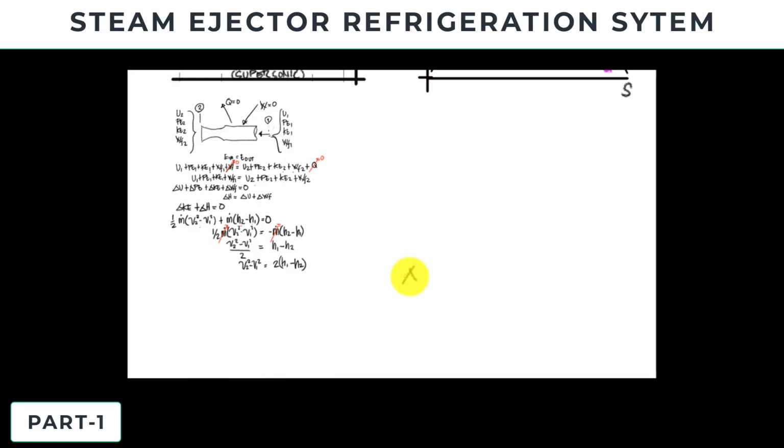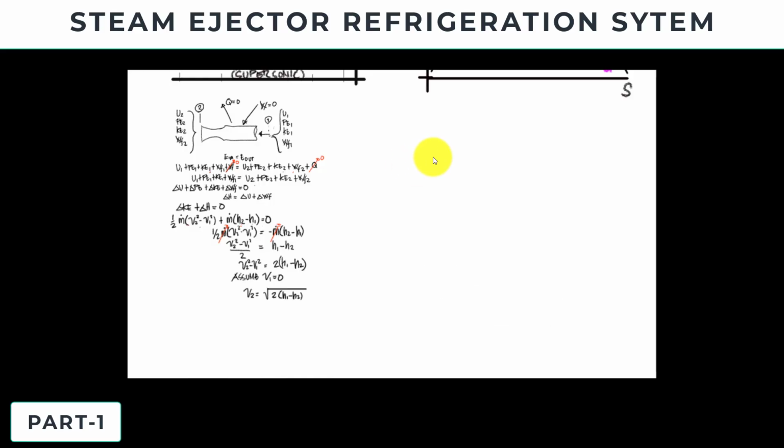Now, assuming that our velocity 1 is 0, we can rewrite our equation as velocity 2 equals the square root of 2 times enthalpy 1 minus enthalpy 2.